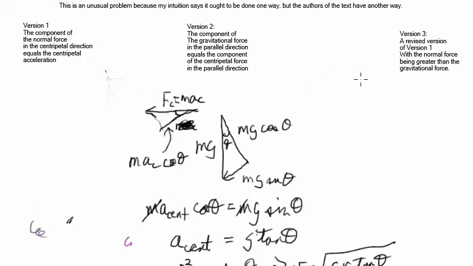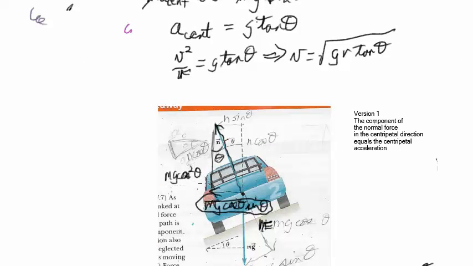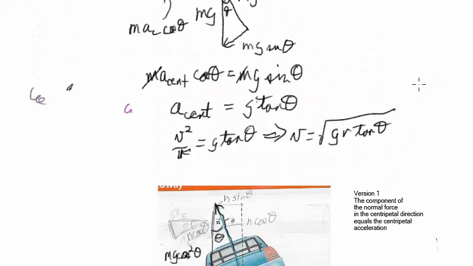Now I came up with this modified version of what we have down here, with this being mg cosine squared theta, and this being mg cosine theta sine theta.